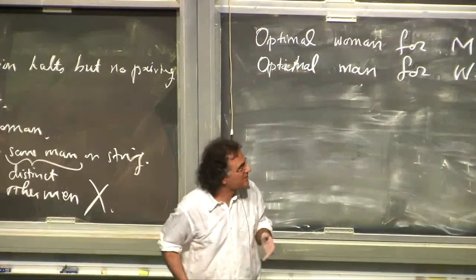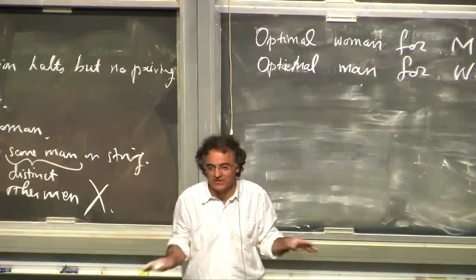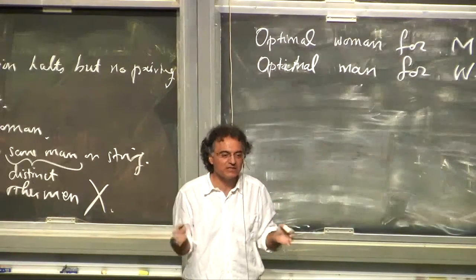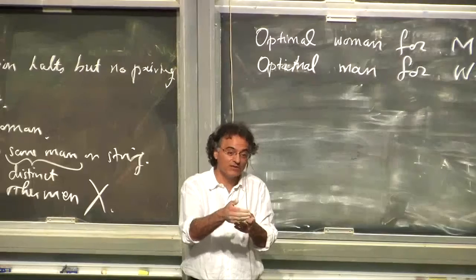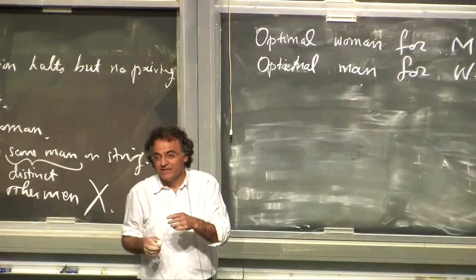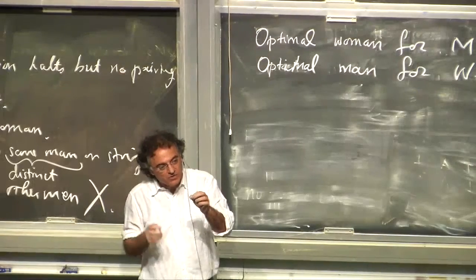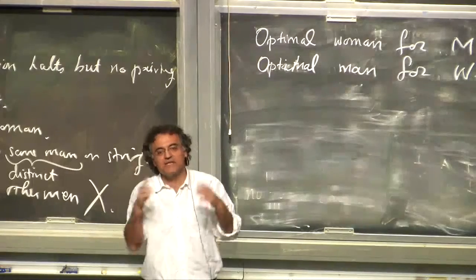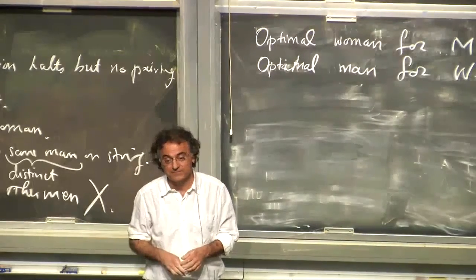It could be that the first one on their list is just never going to happen. There's no stable situation in which they can be paired up with the first one on their list. So by optimal, we mean what's the best one, what's the first one on their list that they could be paired up with in some stable situation, in some stable pairing.